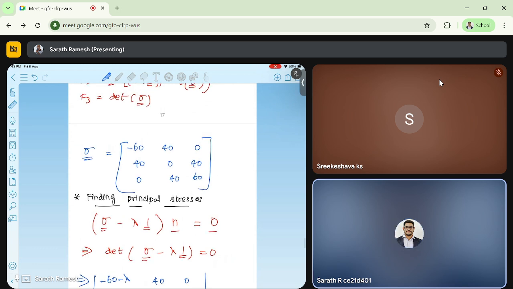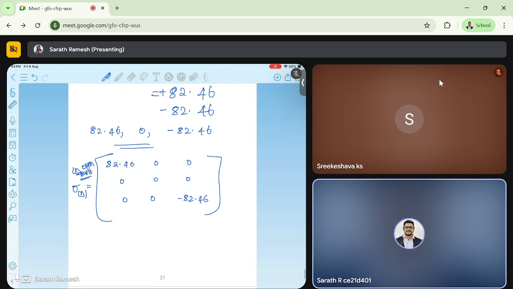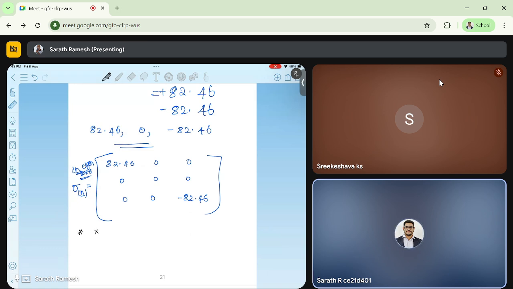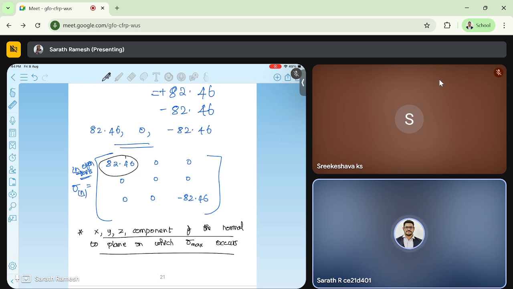I'm just saying this stress tensor is the same as that stress tensor. And the next question is the orientation of the principal plane: the x component, y component, z component of the normal to the plane on which sigma max occurs. Here sigma max is 82.46.